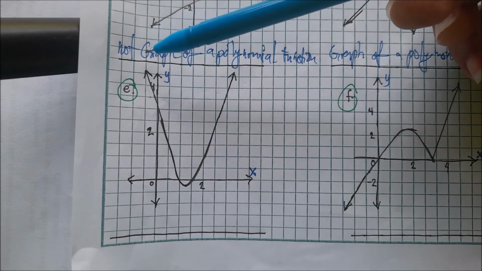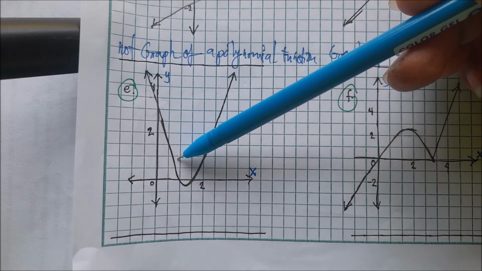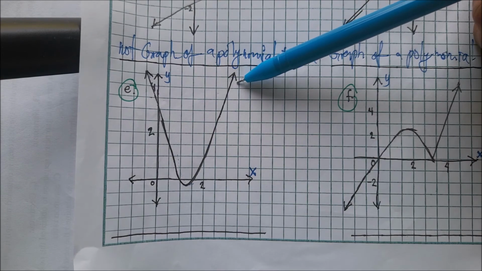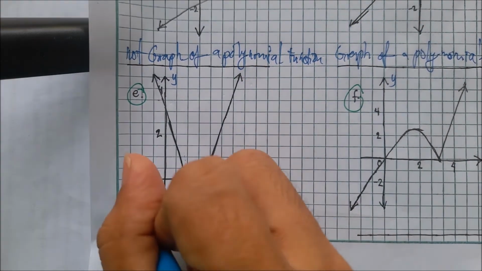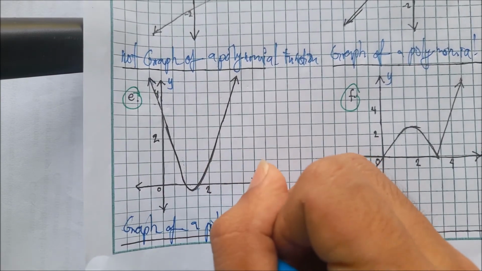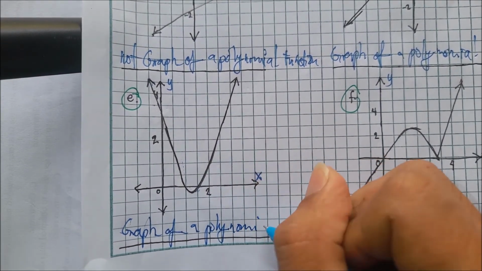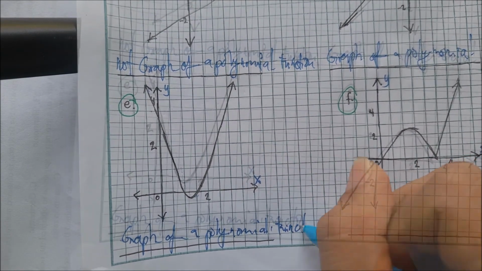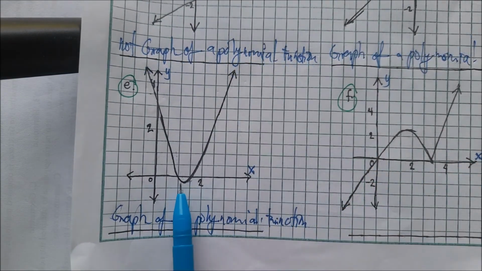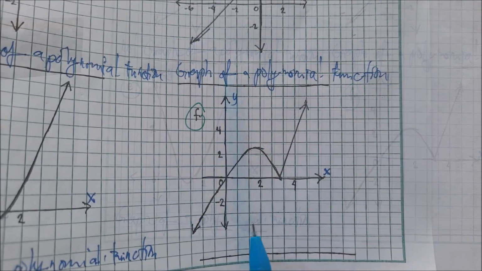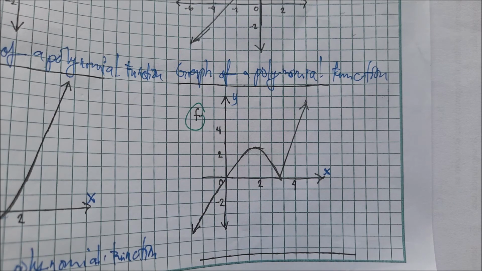Now how about letter E? There is a smooth graph. It's called a graph of a polynomial function. There is no break and there is no corner. Smooth. How about letter F, or the last example?